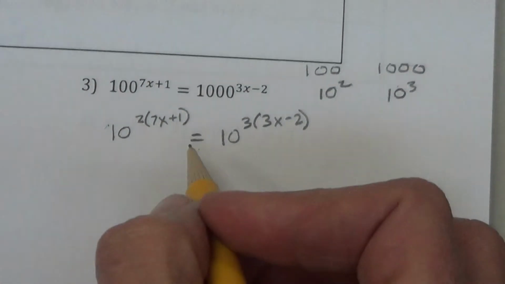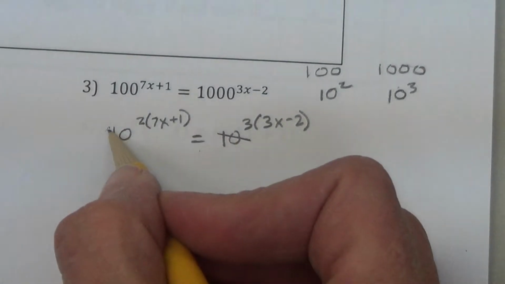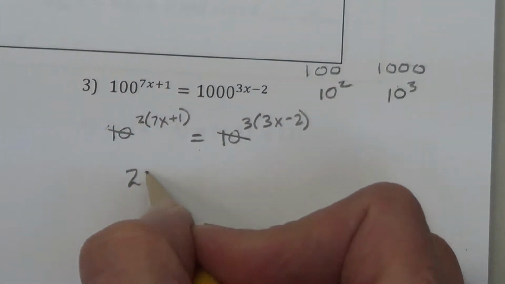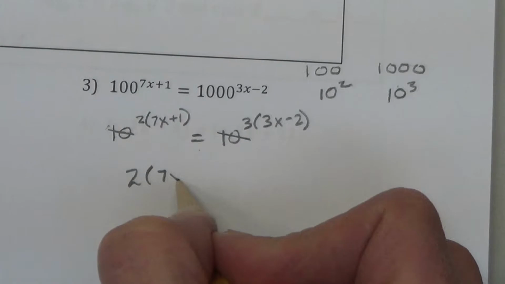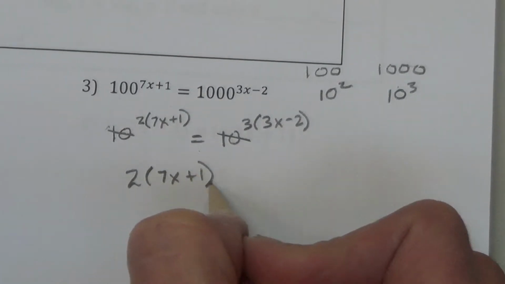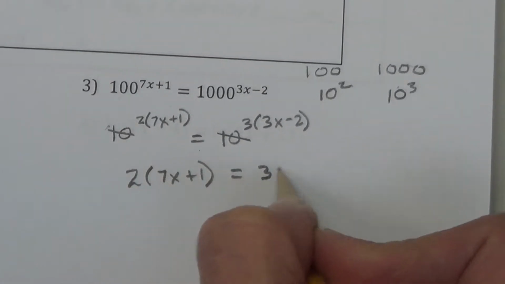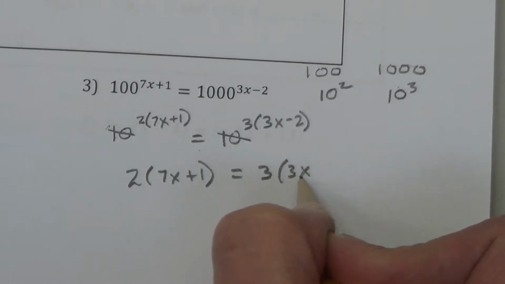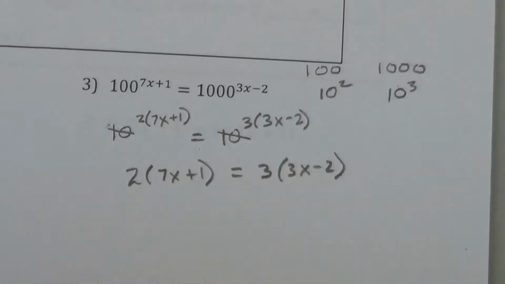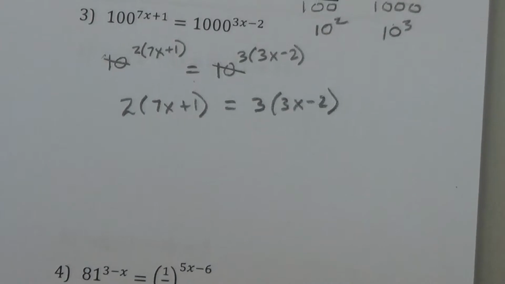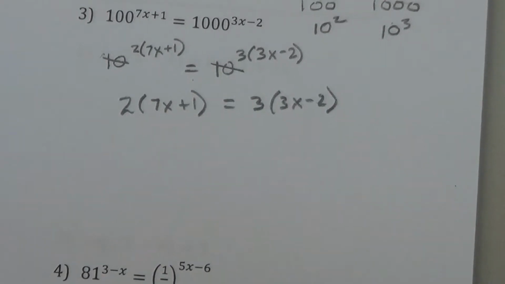Okay, so now we can ignore the bases and we go 2 times 7x plus 1 equals 3 times 3x minus 2. Okay, what would you say we should do on the first step here?